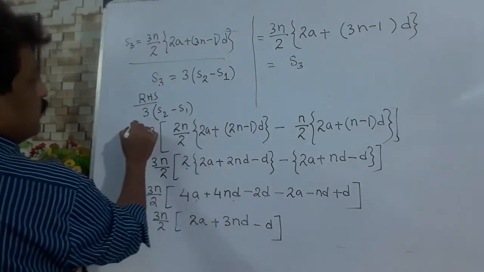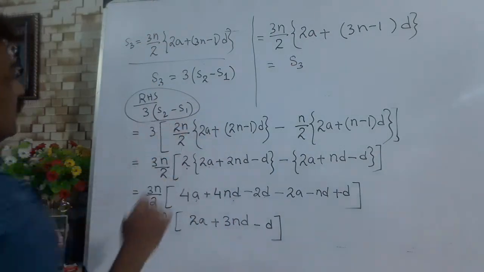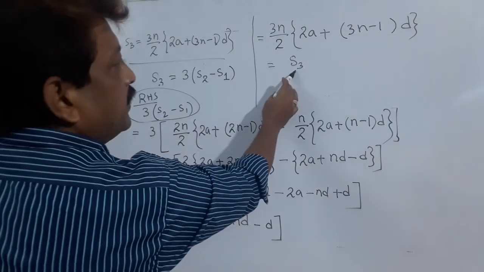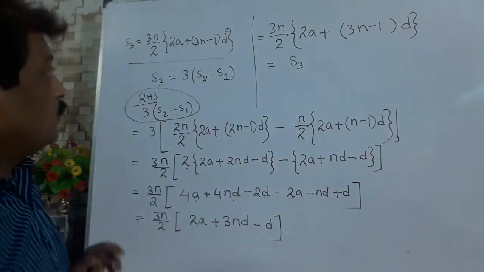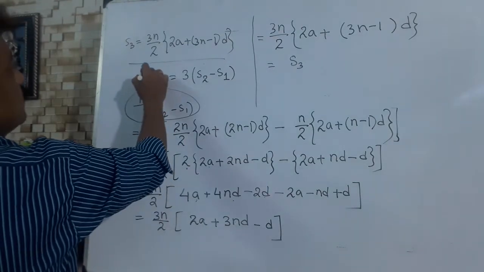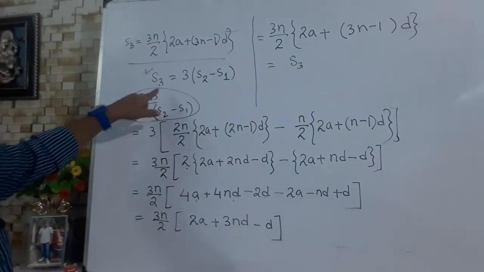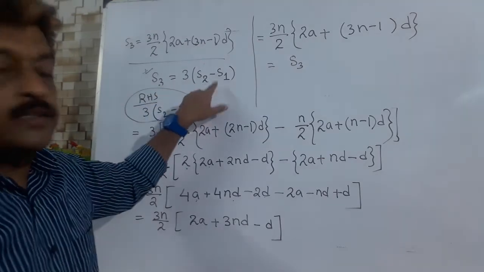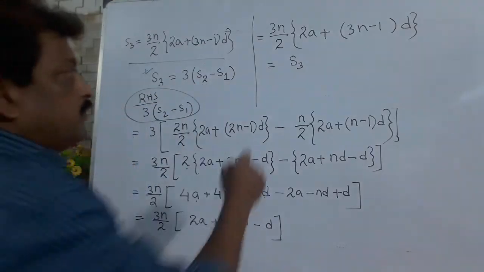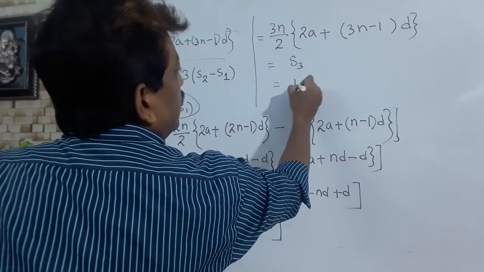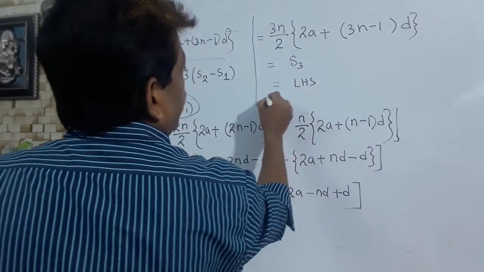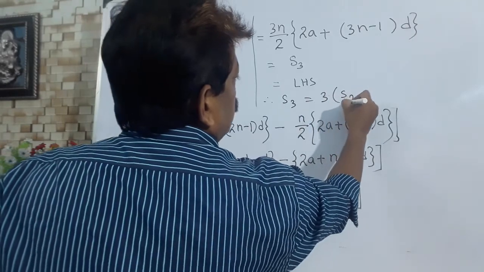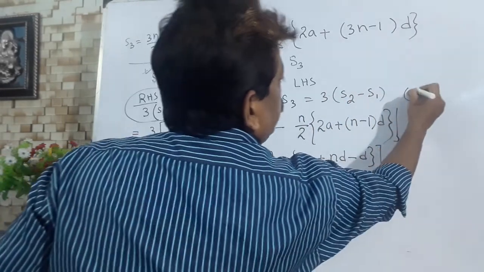So I have started with the right hand side, 3 multiplied with S2 minus S1, and finally I have reached S3. So our question, to prove that S3 is equal to 3 bracket S2 minus S1, is proved. This is equal to LHS. Therefore S3 equals 3 S2 minus S1 is proved.